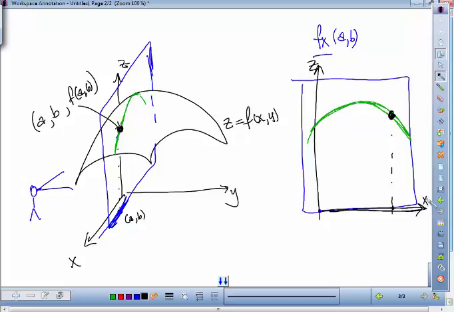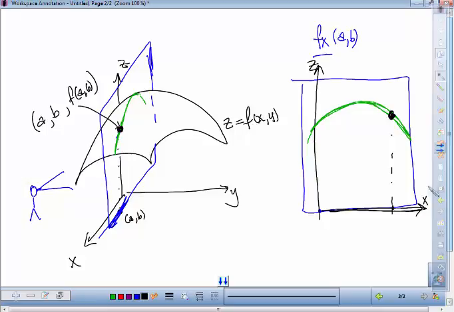Now, if I look at this blue plane again, can you give me an equation for this blue plane? Close. Y equals b, right? So y equals 0 is the xz plane.